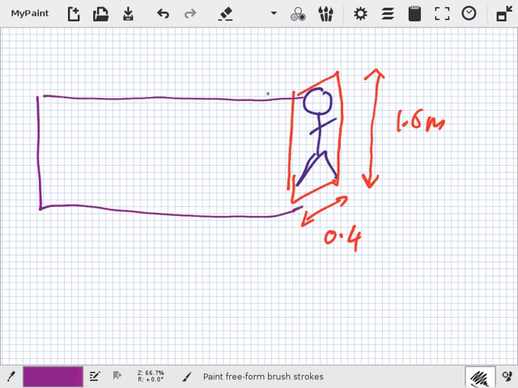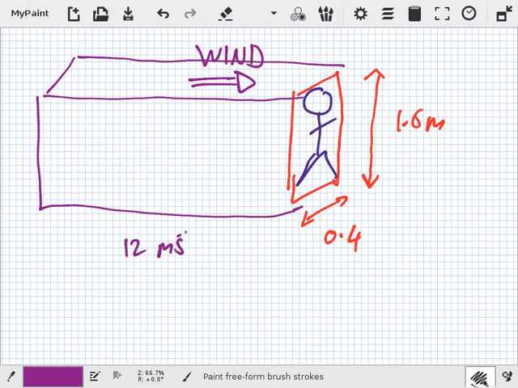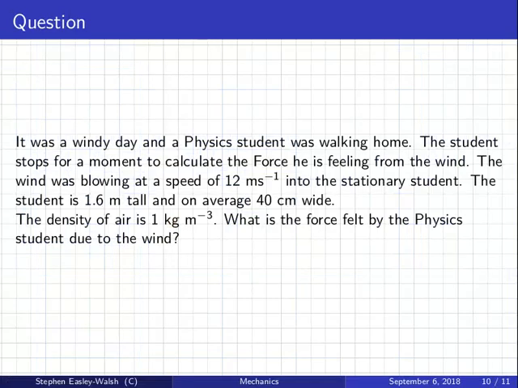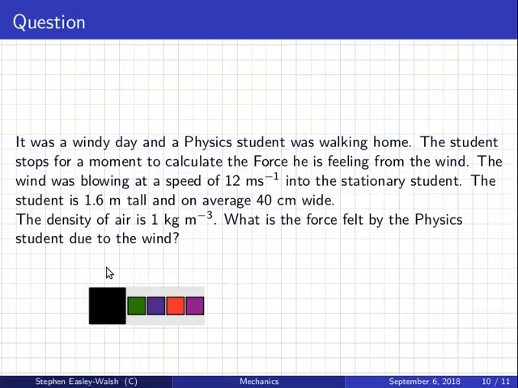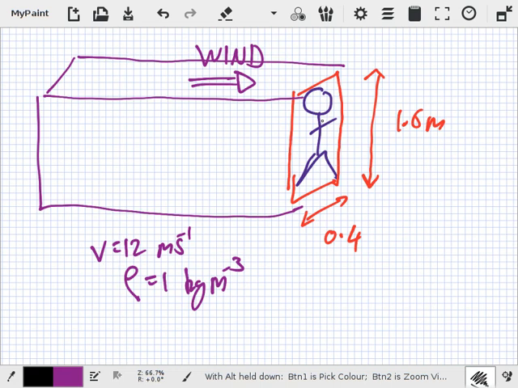This is the wind, and we know that it's going 12 meters per second. We also know that the density of the wind is 1 kilogram per meter cubed. And believe it or not, that's enough information to work out the force he feels from the wind pushing him. Now, let's begin.